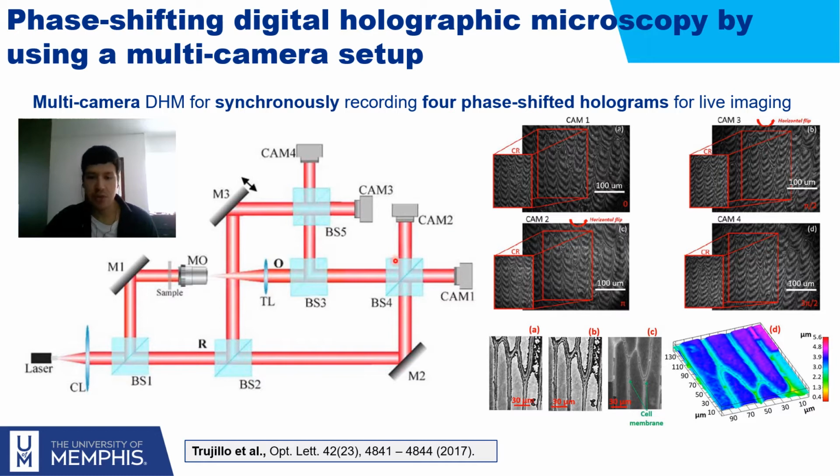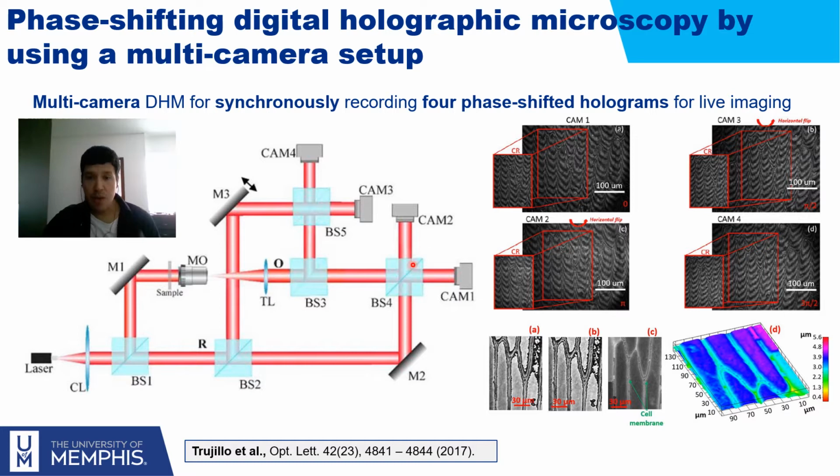acquisitions of DHM holograms. For instance, in this very complex and difficult to align configuration, we have 4 outputs in these 2 coupled Mach-Zehnder interferometers. The idea in this case is that by accurately positioning one of the mirrors, we can obtain a phase shift of the holograms that are acquired in camera 3 and camera 4 with respect to what is obtained in camera 1 and camera 2.